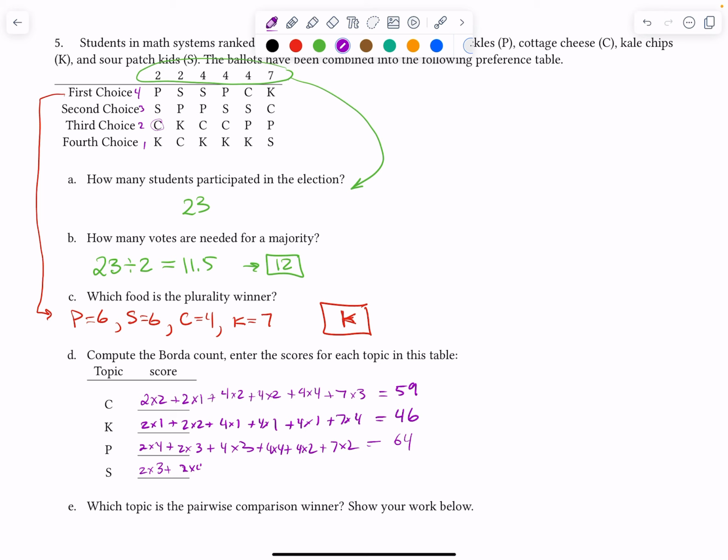Sour Patch Kids? 4. 4 times 4. 4 times 3. 4 times 3. 7 times 1. Wow, what a mess. Okay, we're going to get this done. 6 plus 8, 16, 12, 12, and 7. So I got 61. So it looks to me like pickles is the winner.